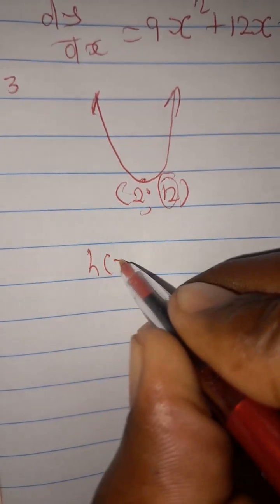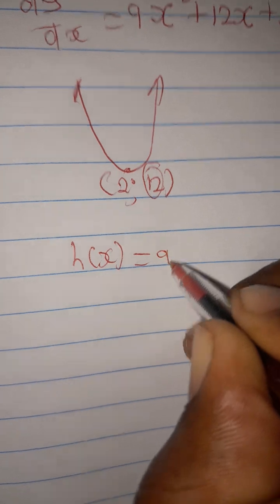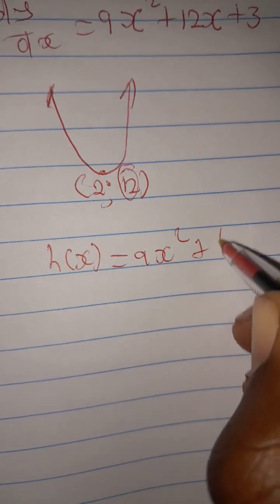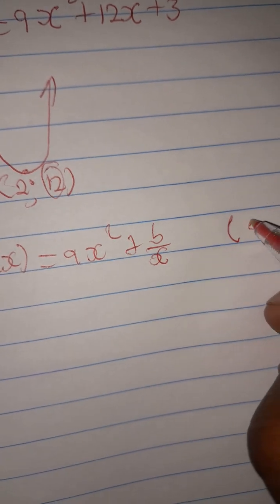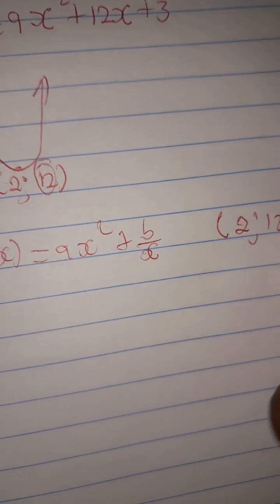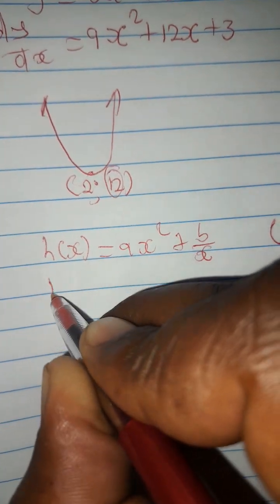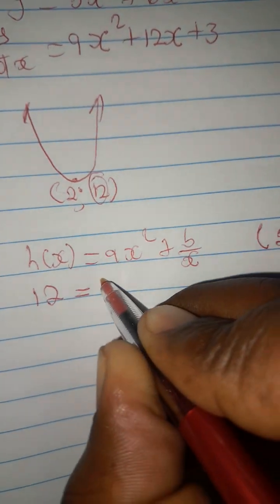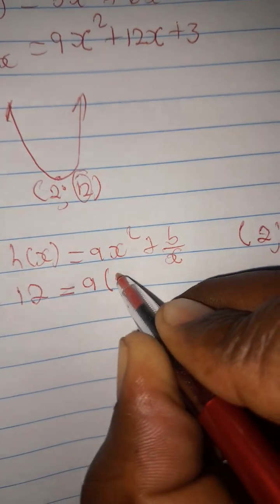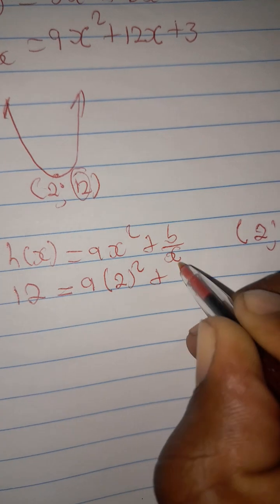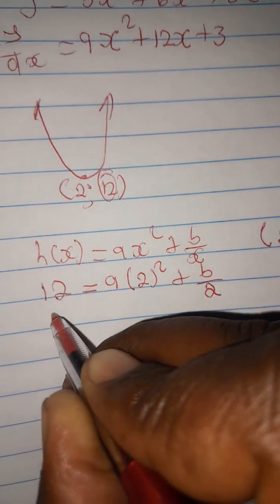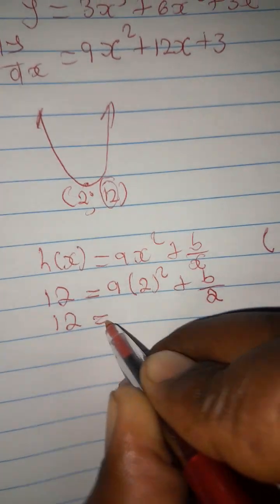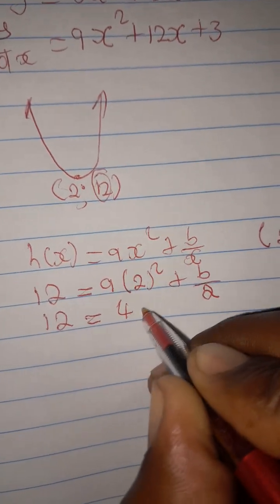We are having h of x, which is equals to ax squared plus b all over x. Remember that we have 2 and 12. Let's substitute this. Where there is h of x, we are going to place 12, and where there is x, we are going to place 2. So we are going to have b all over 2. So it's going to be 12 here. 2 squared, so that's going to be 4a.